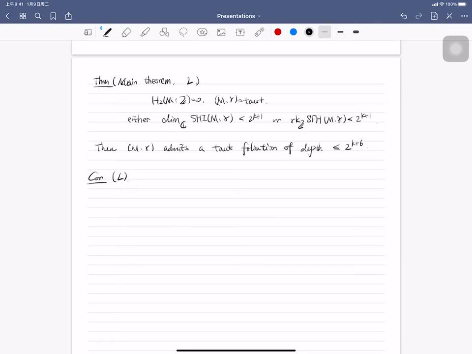So as a corollary, if K inside S3 is a knot, we can consider the irreducible SU(2) representations.